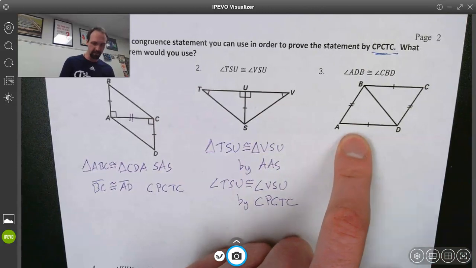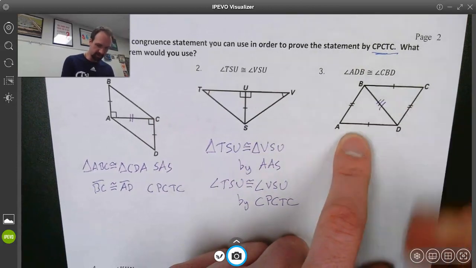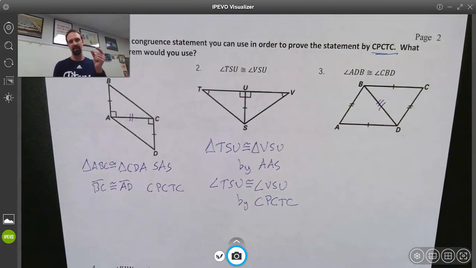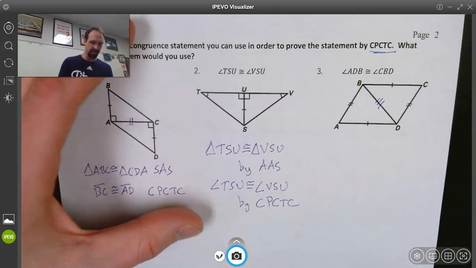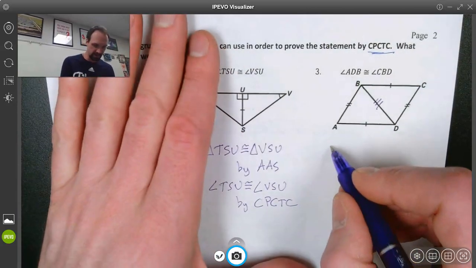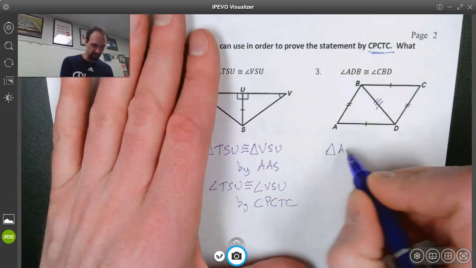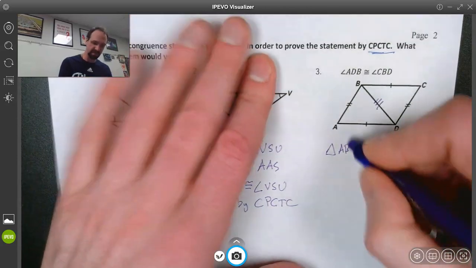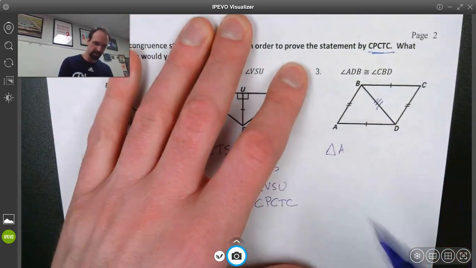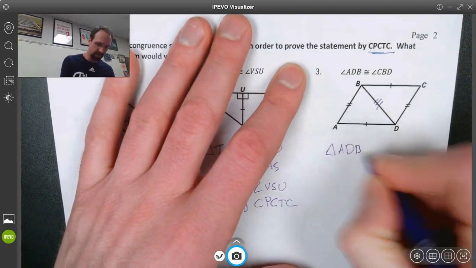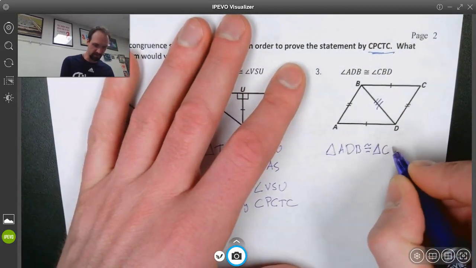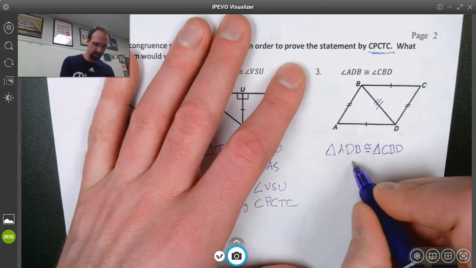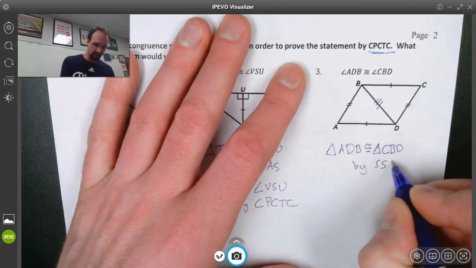And then for 3, again we have the same segment there, so it's the reflexive property of equality: segment BD is congruent to segment BD. So then I know, again, I can do the same thing here: triangle ADB is congruent to triangle CBD by side, side, side.